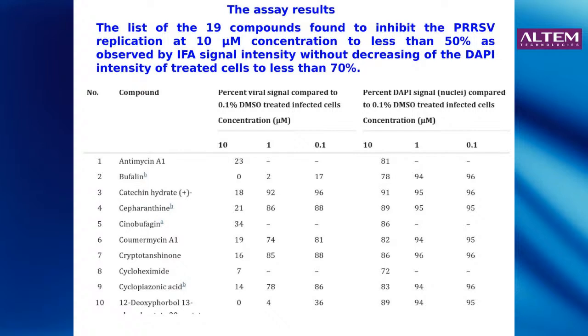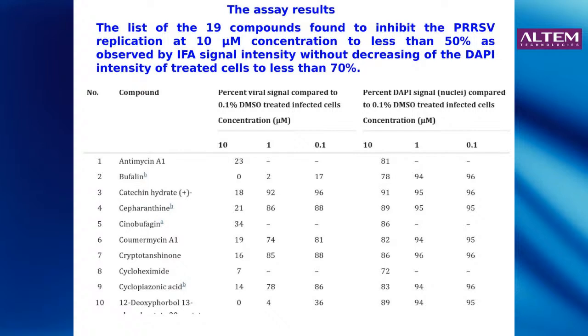So you can see at 10 micromolar, the viral replication level was 0, and at 1 micromolar, it was 2, and at 0.1 micromolar, it was 17. Similarly, the viability of the virus infected cells was 78% at 10 micromolar of the compound, 94% at 1 micromolar, and 96% at 0.1 micromolar of the compound.